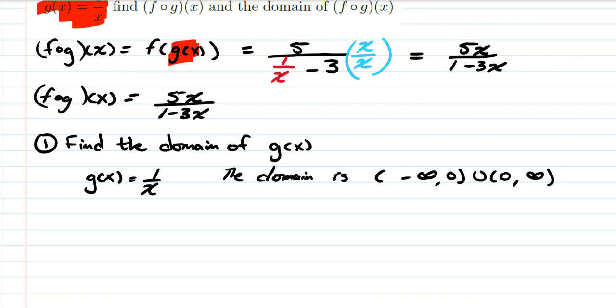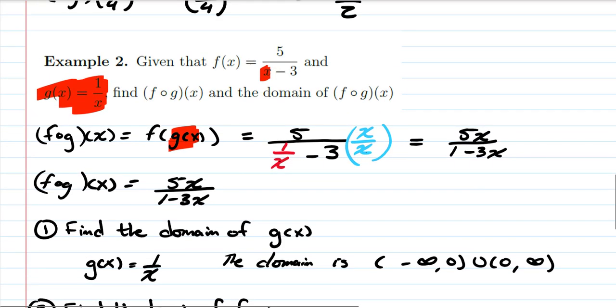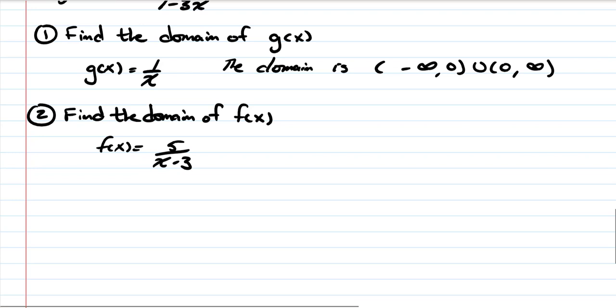So then the next thing we need to find for step 2 is we find the domain of f. So our f is 5 over x minus 3. So once again, we can't divide by 0, so this can't be 0.